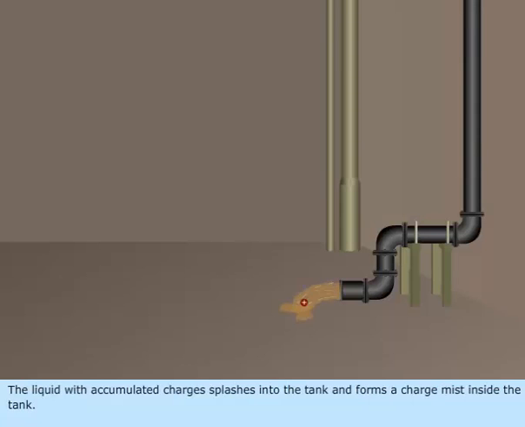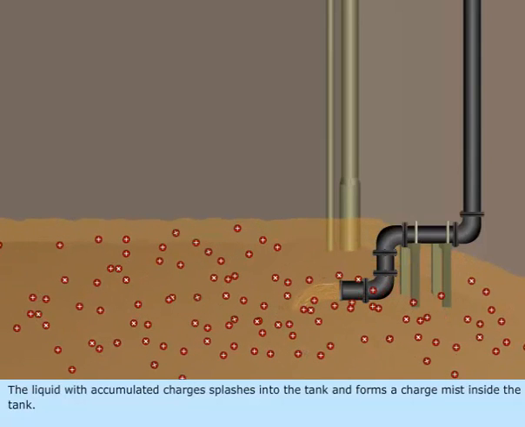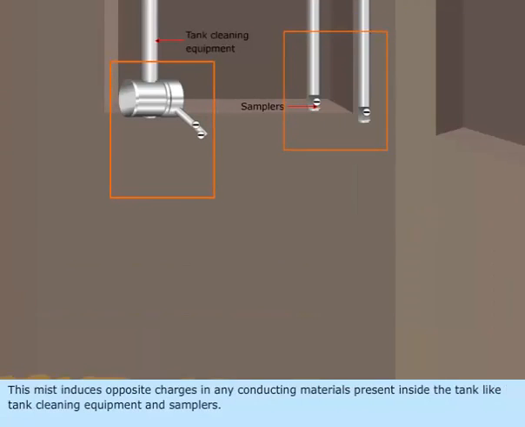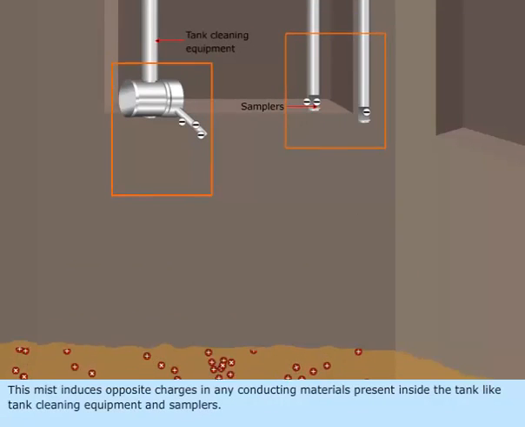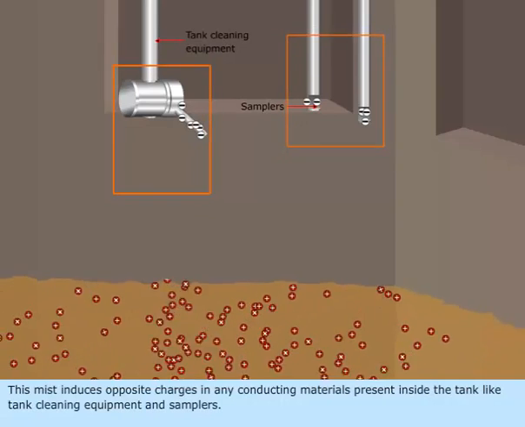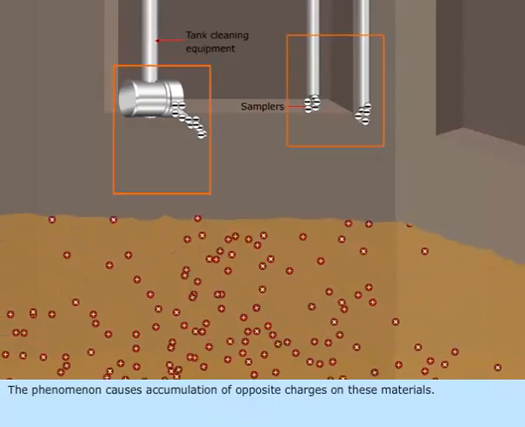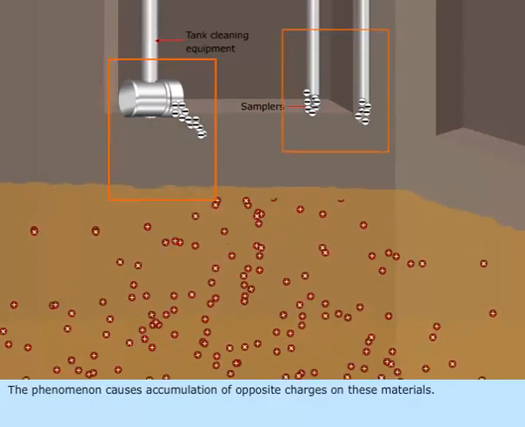The liquid with accumulated charges splashes into the tank and forms a charged mist inside the tank. This mist induces opposite charges in any conducting materials present inside the tank, like tank cleaning equipment and samplers. The phenomenon causes accumulation of opposite charges on these materials.